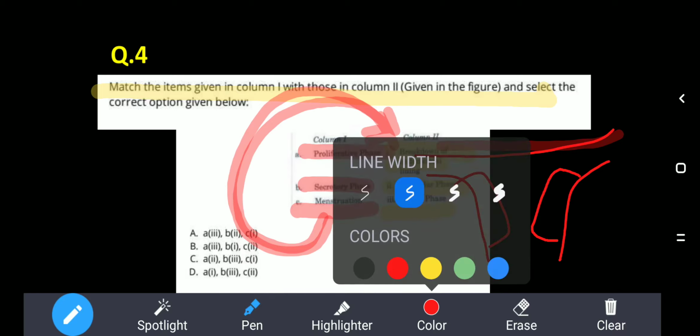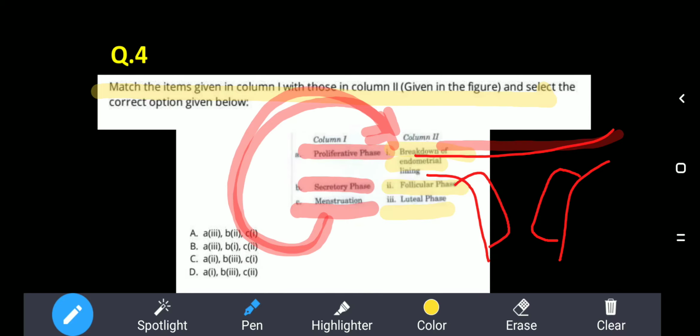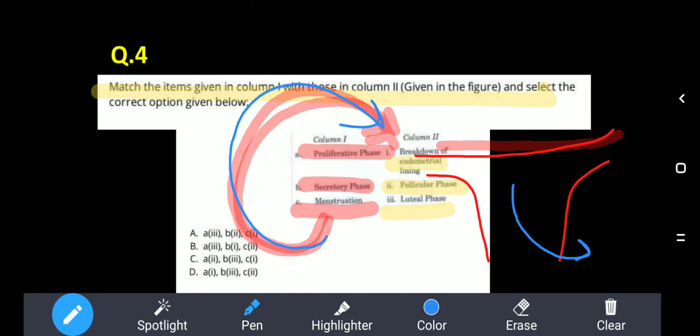But when pregnancy is not happening, this endometrial lining is shed from the uterus because the lady is not pregnant and the lining is no more required. This lining goes out of the body, which is nothing but menstruation, the breakdown of the endometrial lining.